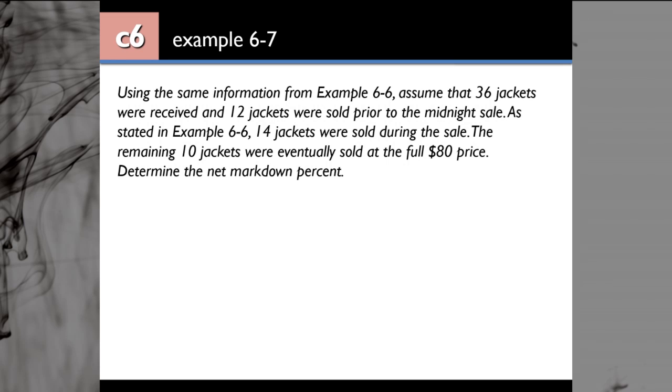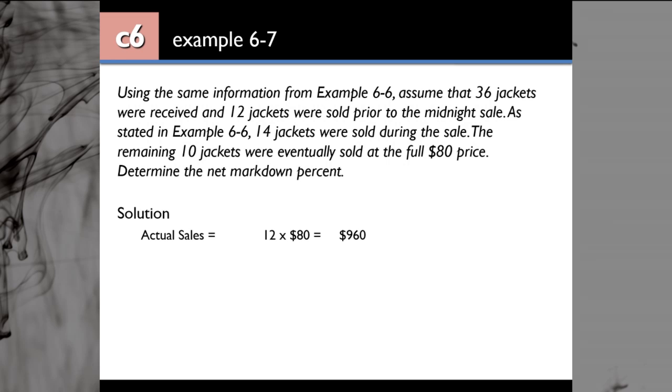What you have to do, you have to calculate actual sales. Your net markdown dollar is already calculated from the previous example. Let's look at the actual sale. The first 12 jackets were sold at the original price, so it's $80, and you have 960.